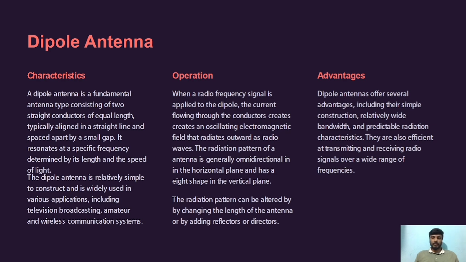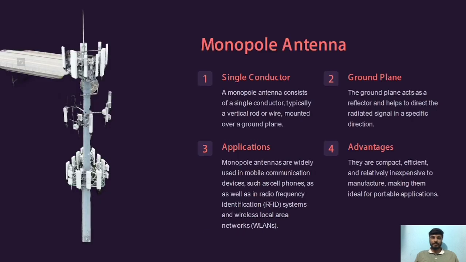Advantages of dipole antennas: they offer several advantages, including simple construction, relatively wide bandwidth, and predictable radiation characteristics. They also efficiently transmit and receive radio signals over a wide range of frequencies.